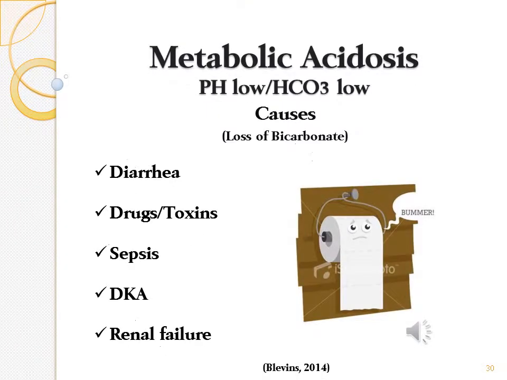When you have a metabolic acidosis, your pH is low, your bicarb is low also, and the cause of this is a loss of bicarbonate. Loss of bicarbonate can occur with diarrhea, some drugs or toxins, sepsis, DKA is a big one, and renal failure.